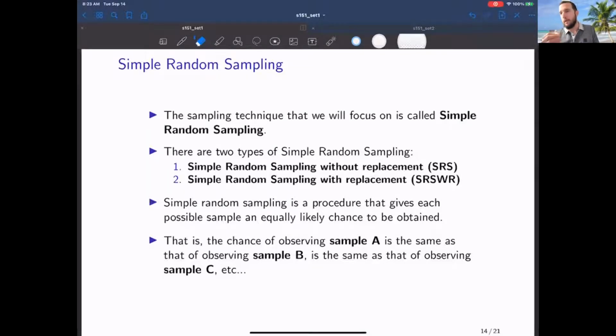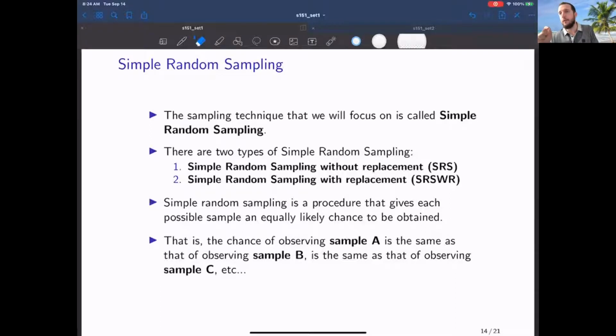So if you think of the population of MacEwan students, which might have a size of 14,000, under a simple random sampling scheme, each person has a 1 over, well, the first person would have a 1 over 14,000 chance of entering into the sample. If you are sampling with replacement, that would be true for every single observation in the study.